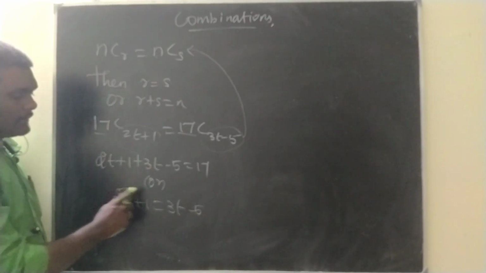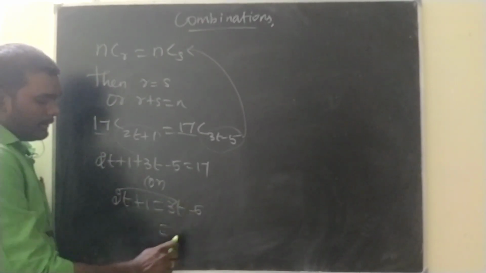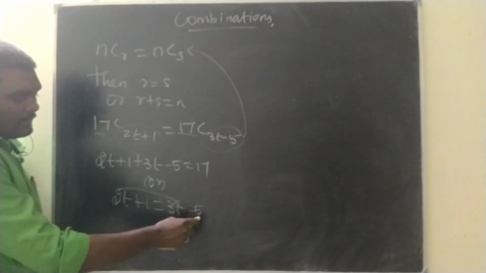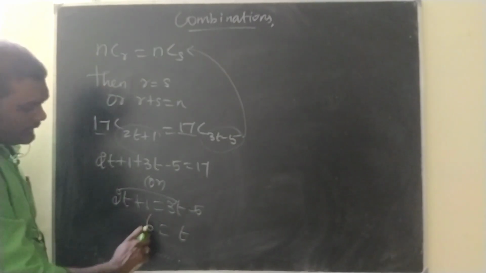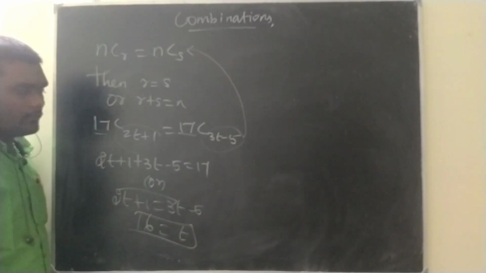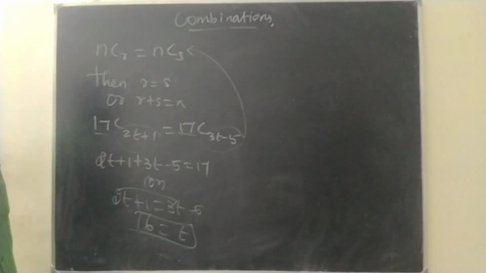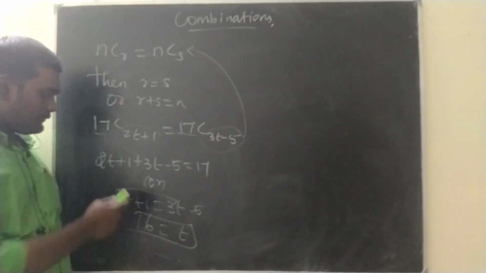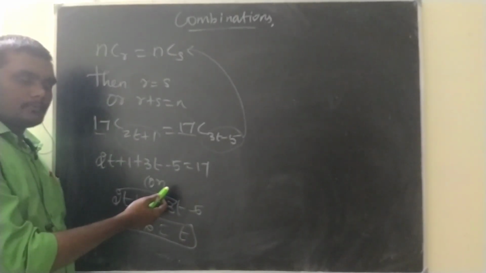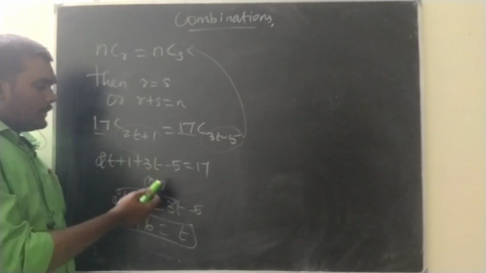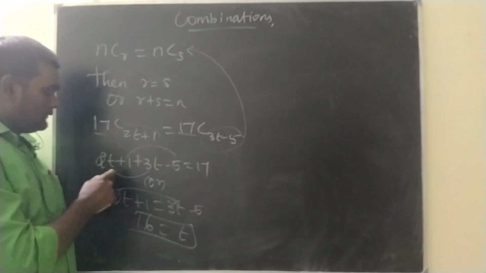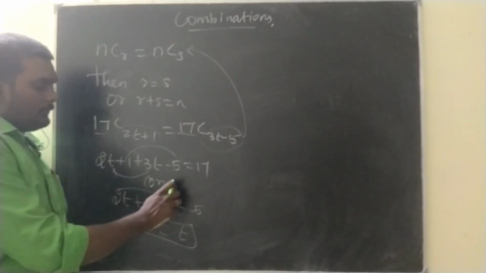If you substitute and simplify, here 3t minus 2t is t. This minus 5 goes here, plus 5, 6. t equals 6. Here also, if you take this, what will you get? Minus 4. This is 5t.